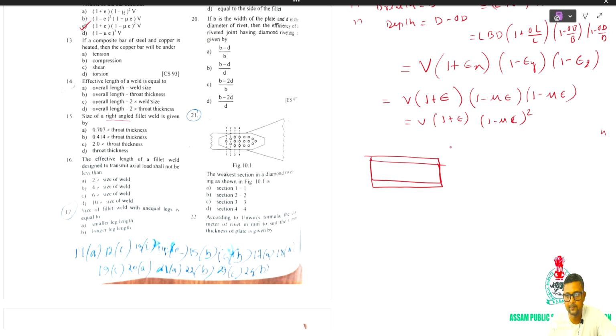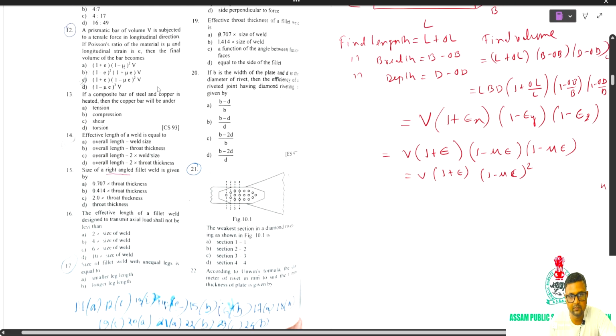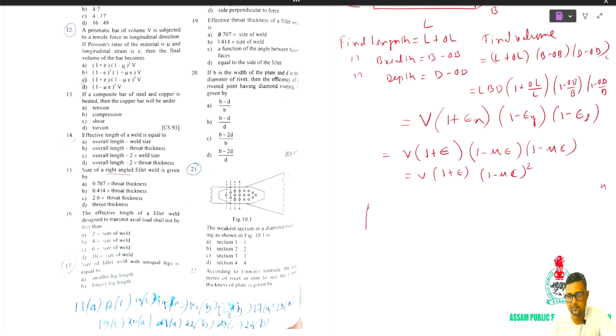Suppose this is a fixed support. One is copper, this is copper, and this is steel. Now, the coefficient of thermal expansion of copper is more than steel, right?